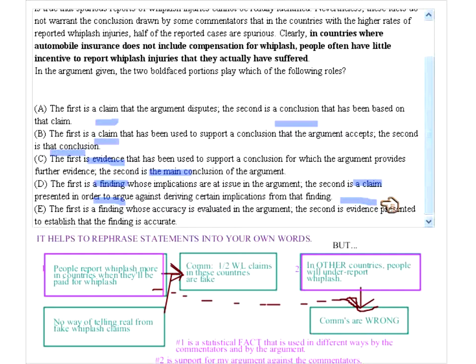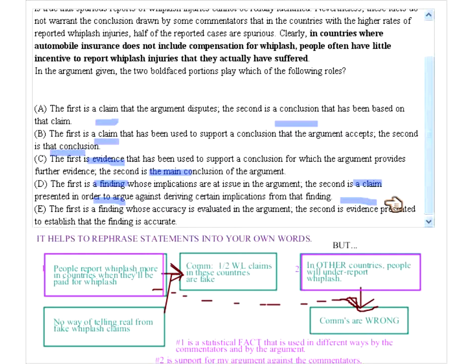Facts. There you go. Someone put data and stats. It doesn't have to be a statistic. For example, this guy has blood on his hands is not a statistic, but that could be evidence for having committed some crime. But right, evidence actually has to be facts.